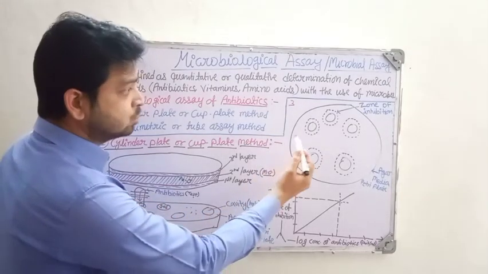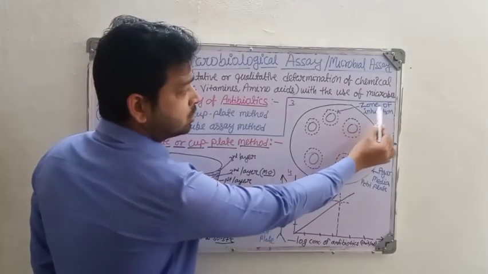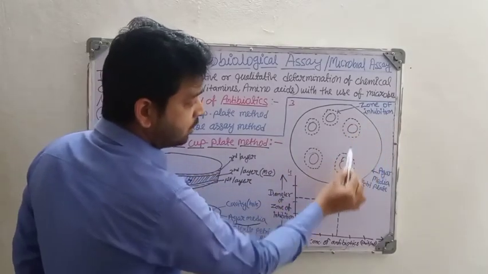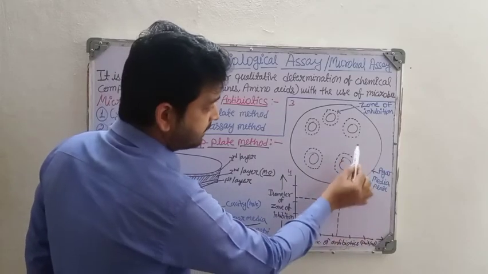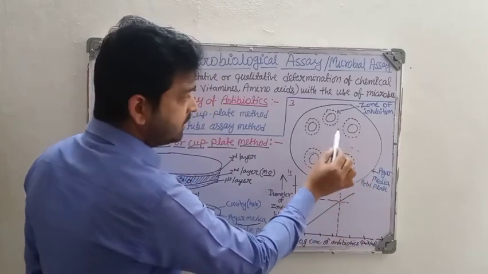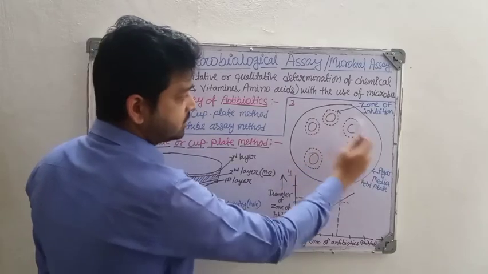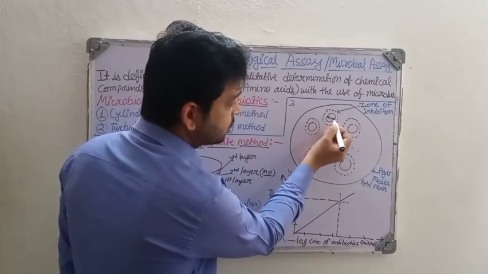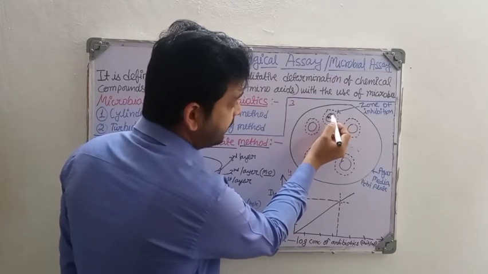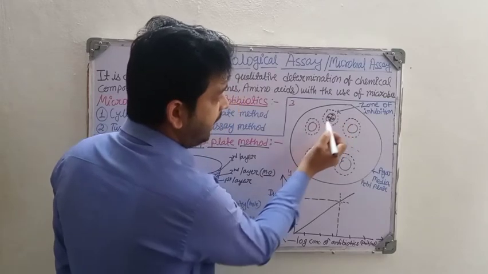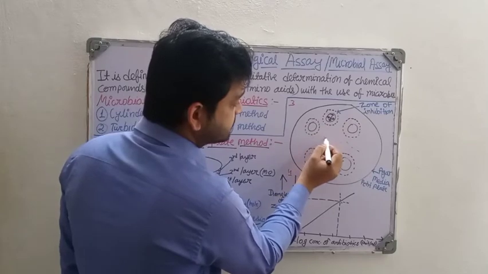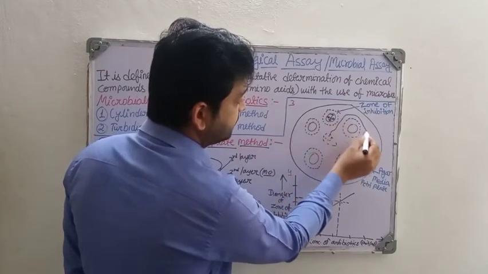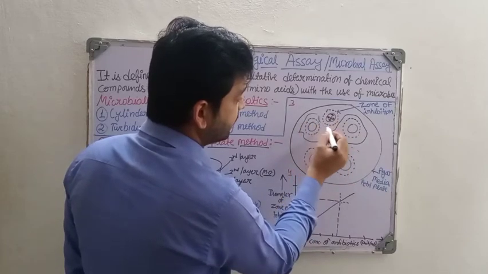Now it is time to take care of the zone of inhibition. In these petri plates, these are the holes we made, with agar media in the plate. In these holes the antibiotics are already present, and the microorganisms along with the media will start growing in all these areas.